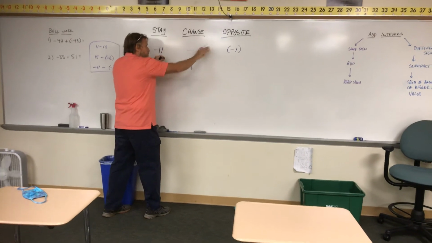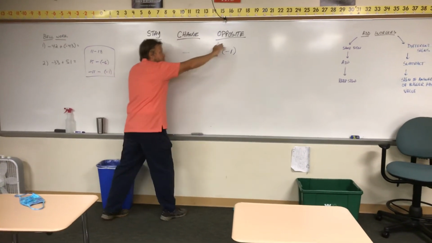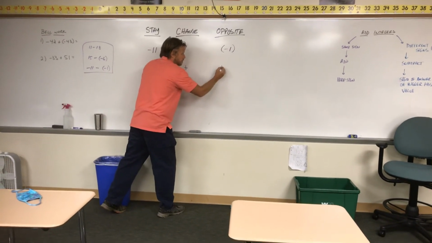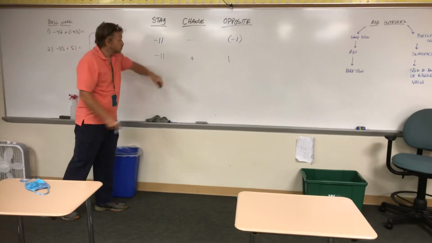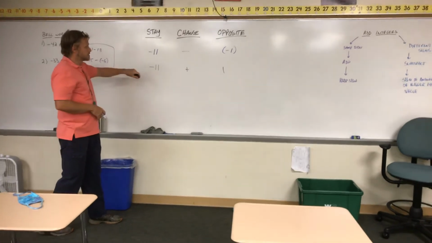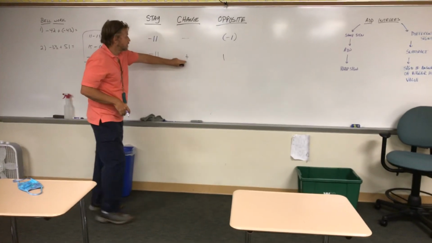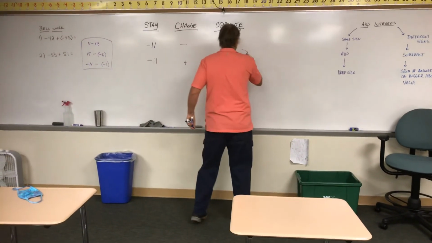Think of them as three different parts: your first number, your subtraction sign, your second number. The opposite of -1 is 1. -11 plus 1, we're back to same signs add, different signs subtract. -11 plus 1 is -10.